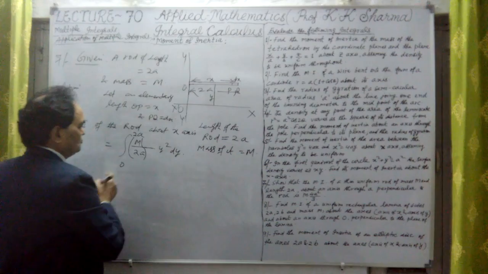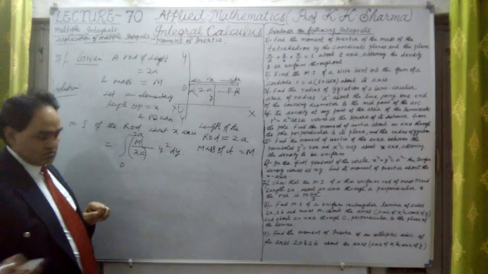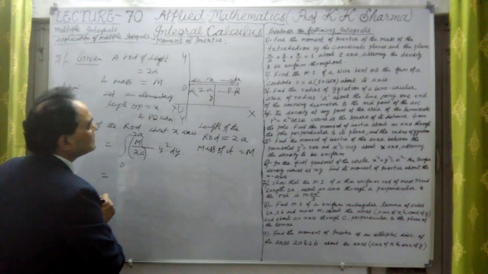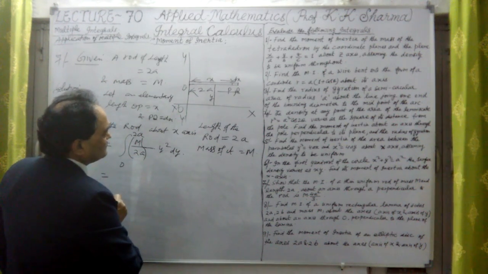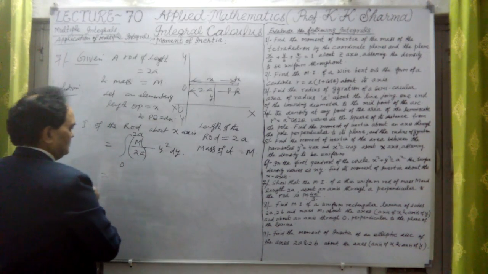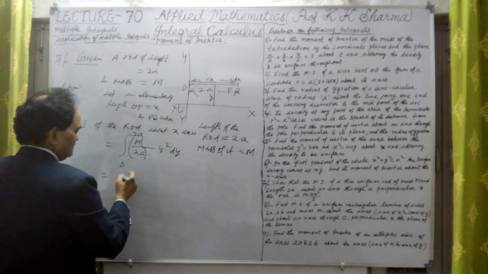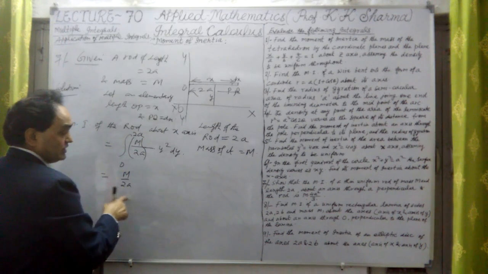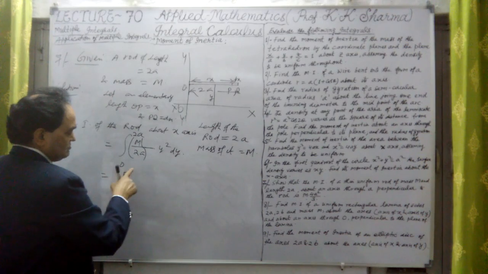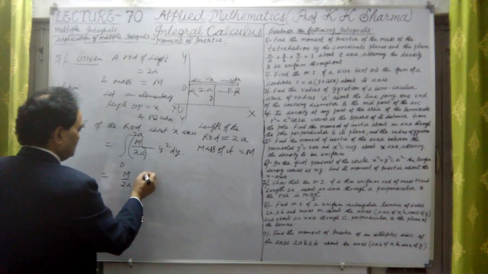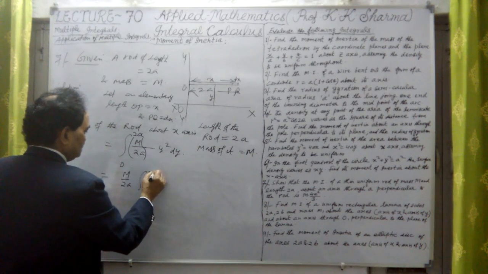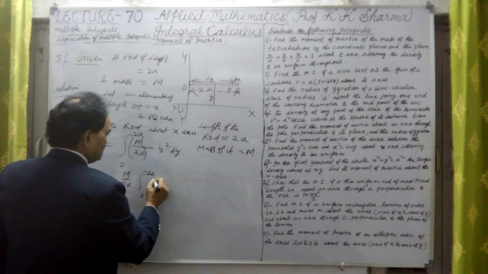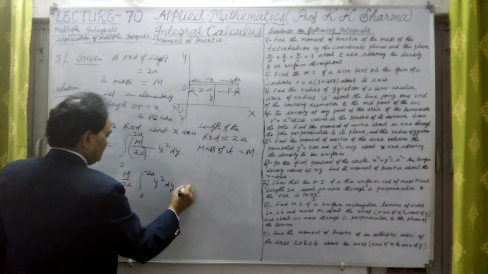If I have to put the limits, what are these limits here? Integration. Here the distance of this length is y square into dy. So we find this m upon 2a, a constant. This is the elementary mass of the rod, m upon 2a, the element that I have taken out of this, into y square into dy.